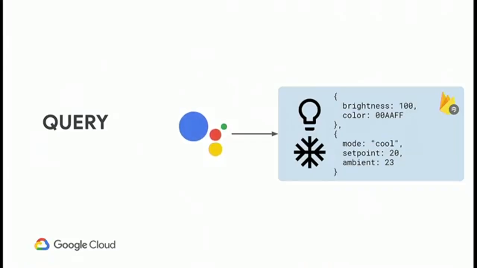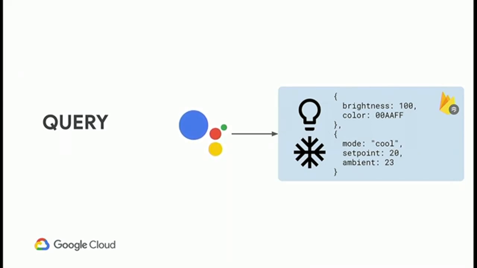All right, so the query intent. Query is responsible for reporting the current state of an individual device or a set of devices. In this case, the assistant is asking you for some more specific information about what this device is currently doing. Is the light currently on? Is the thermostat set to 20 degrees or 25 degrees?